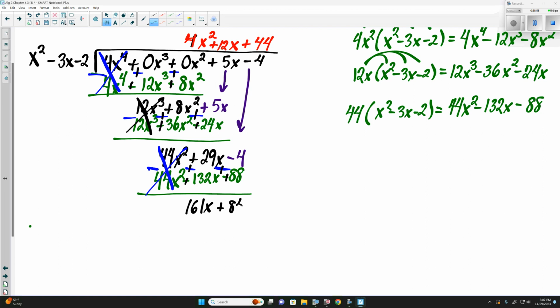Negative, negative make a plus, giving us positive 84. And since it's not 0, we do have to add it back in, giving us this here.